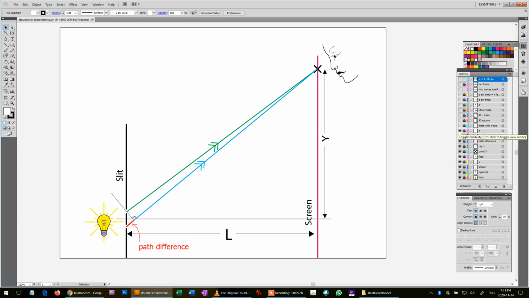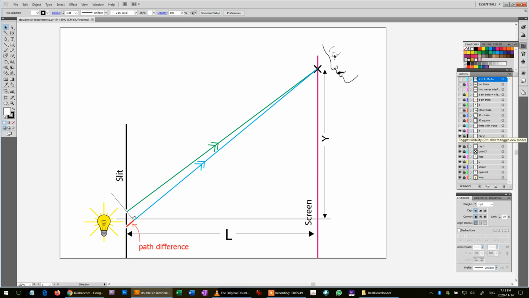We can also measure the y distance. It's the distance between the first bright interference and the middle dot of the laser.